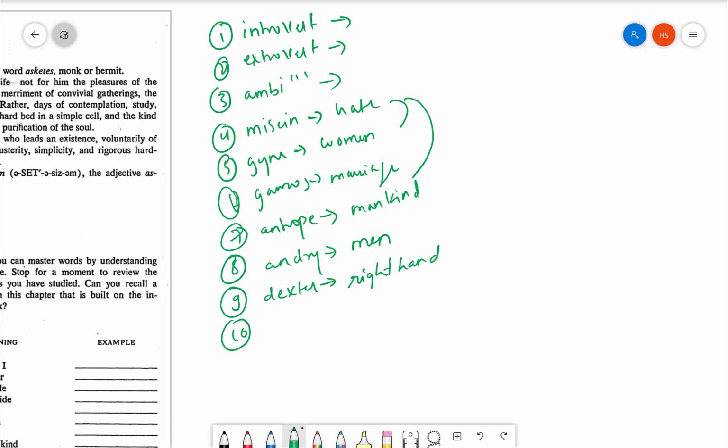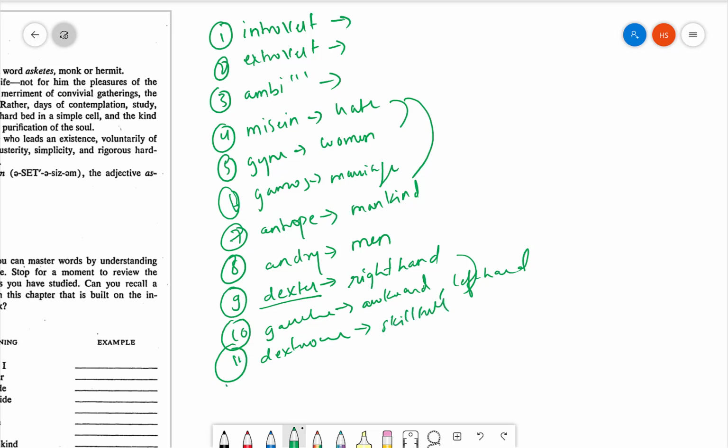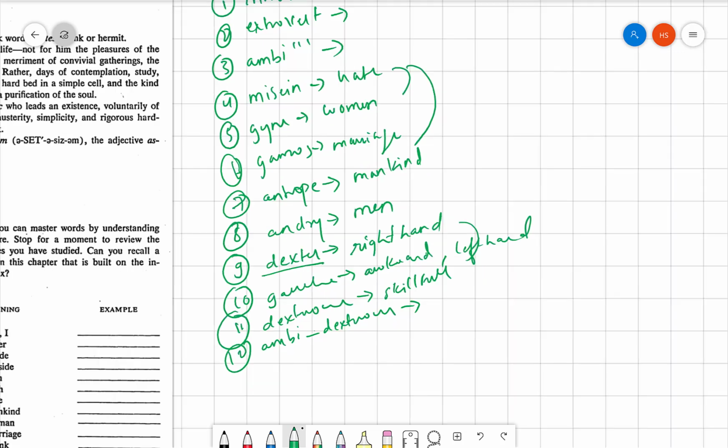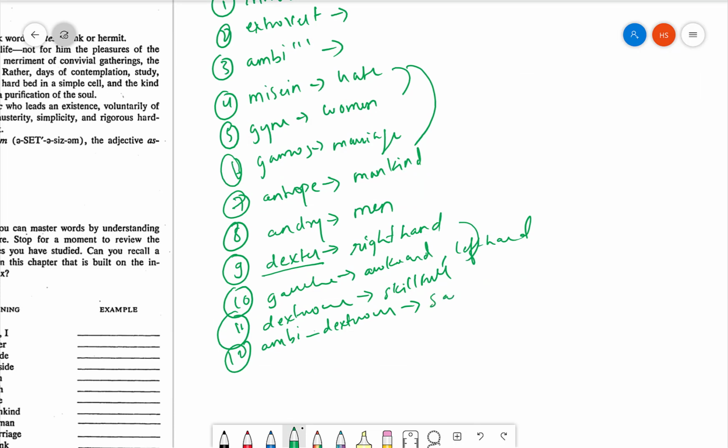And the opposite of this, gauche, which means awkward, the left hand. Then dexterous, skillful. Ambidextrous, having the same skill in both hands.